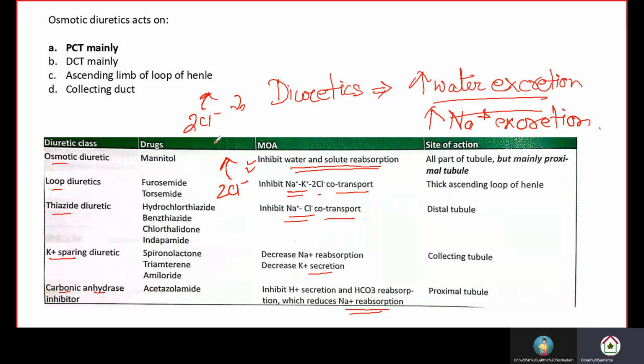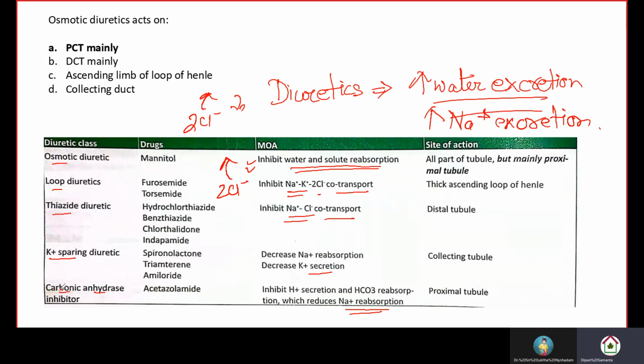Thus, sodium is excreted through the urine. Okay, and thiazide diuretics inhibit sodium chloride co-transport. Potassium sparing diuretics decrease sodium reabsorption and decrease potassium secretion.